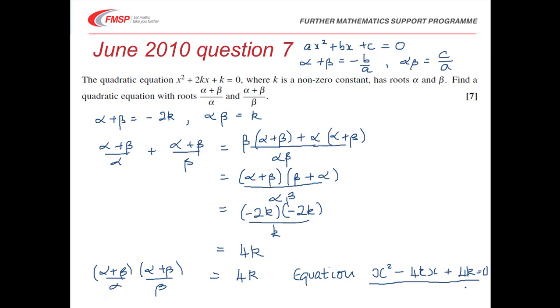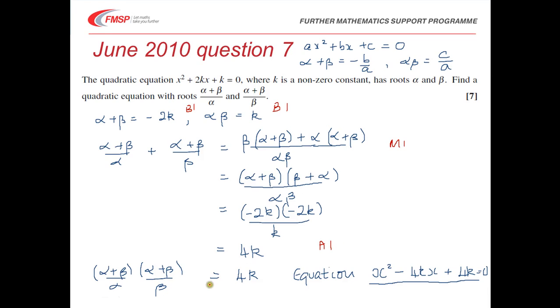In terms of marks for that question, if we have a look at the marks that are actually awarded for each bit, then we get a method mark, or a statement mark, for writing down each of the sum and product of the roots. We get a method mark for attempting to find the sum, and we get an accuracy mark for finding the sum of the roots to be 4k.